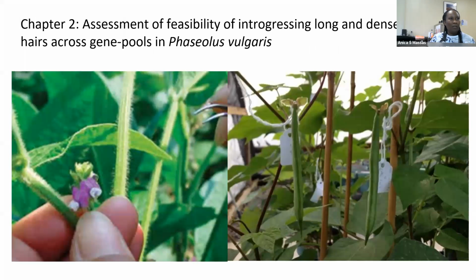Now let's talk about our cross between the Andean and the Mesoamerican gene pools. We did this cross in Honduras, and they sent us the F7 generation that we evaluated here at Penn State, at Rock Springs.